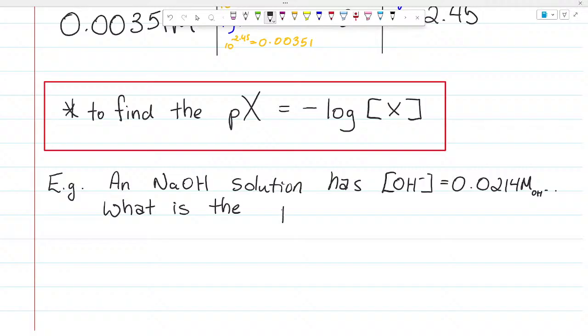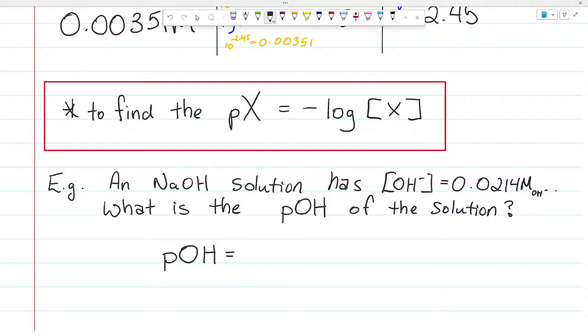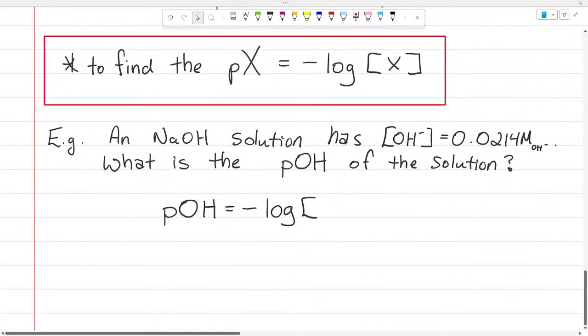The little p thing isn't just for H. We can have pOH. We can have p whatever we want. So, what is the pOH of this solution? We'll do this one together. How do we calculate p whatever? The pOH is just equal to the negative log of the concentration of, in this case, OH minus.